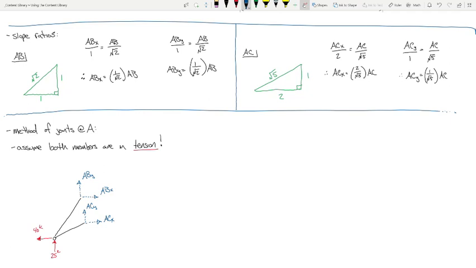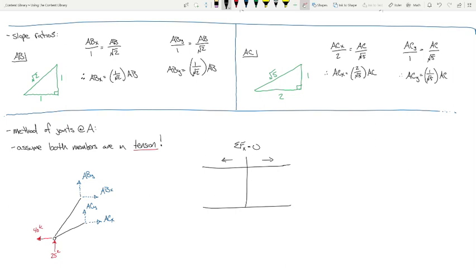All right. Now, let's apply equations of equilibrium. Let's start out with sum of the forces in the x direction. Okay, so I'm going to sum forces in the x direction. Okay, let's see what we get.